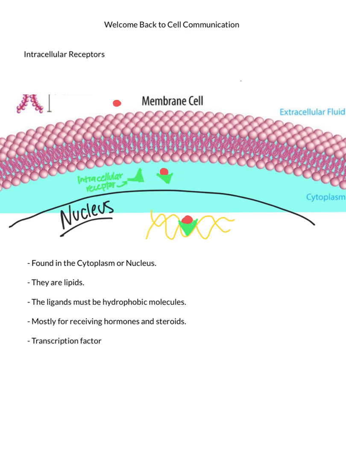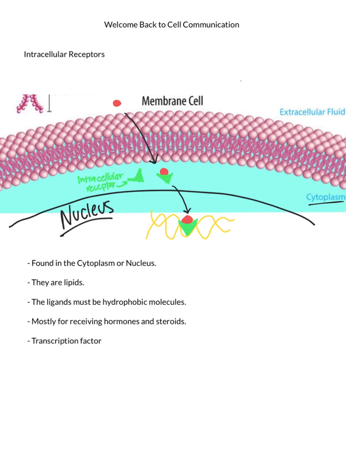Okay, so I redrew the graphic to make it more focused, but as you can see, this hydrophobic molecule is going to travel through the plasma membrane, and it's going to meet the intracellular receptor in the cytoplasm of the cell, and then it's also going to travel into the nucleus to land on the DNA.